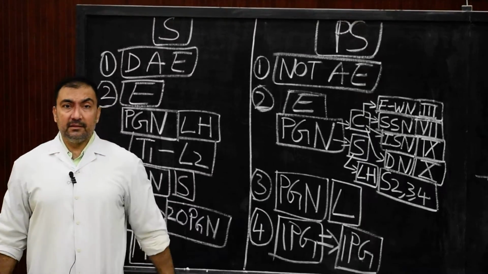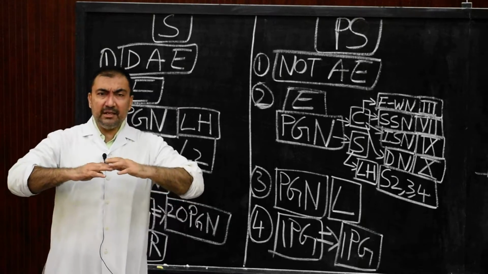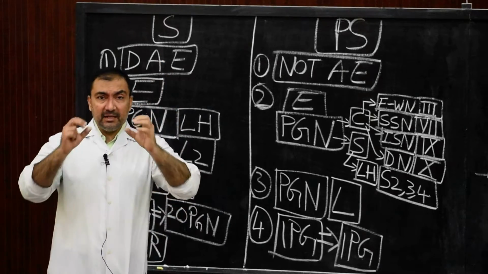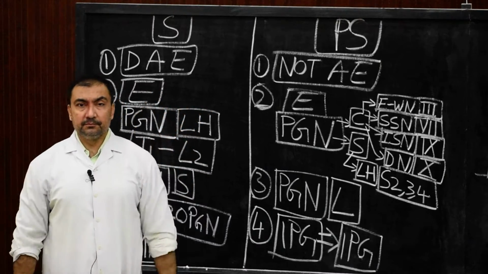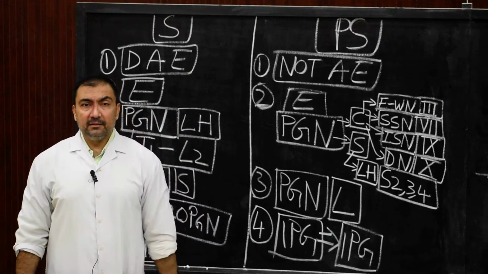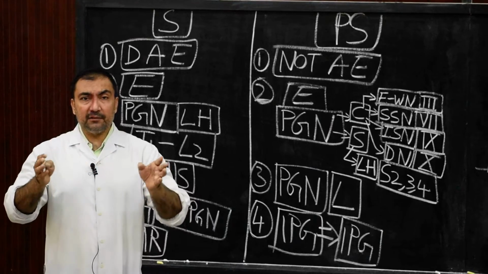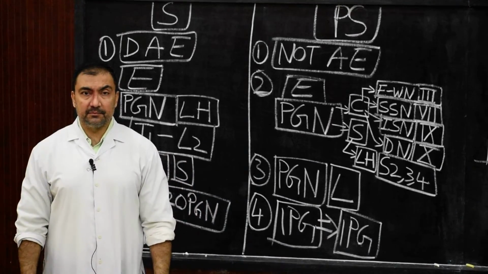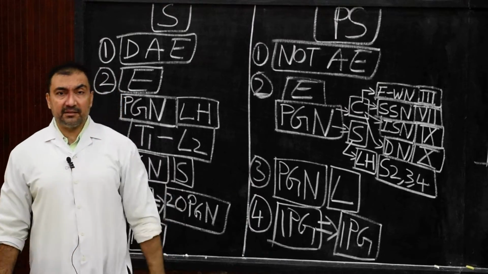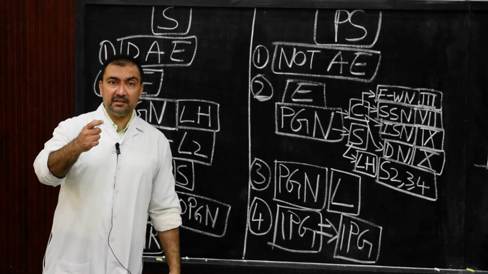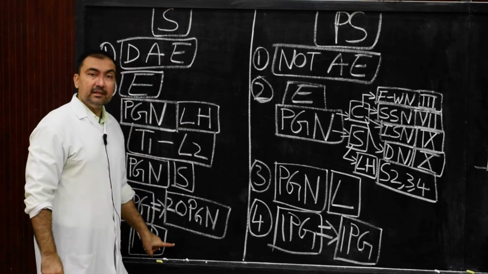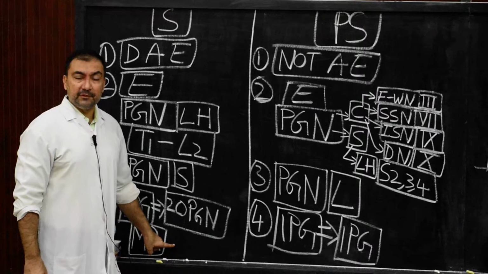Number three, increase in blood pressure. Number four, dilatation of the pupil. Number five, the sphincters of the gut will be closed and peristalsis will be inhibited in the intestine. These are the changes which will take place in the human body on stimulation of the sympathetic system, if you note down.